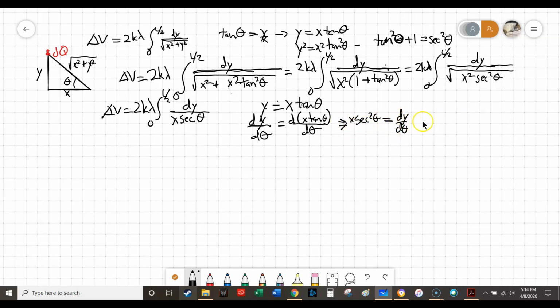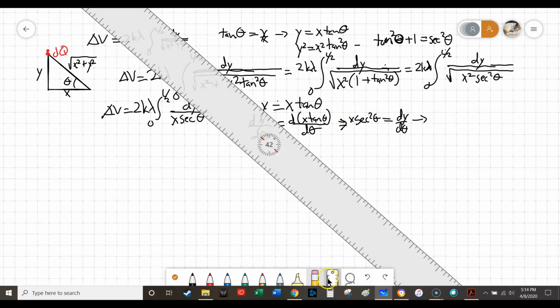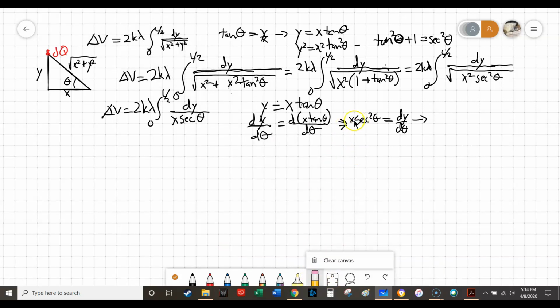So I'm going to multiply both sides by d theta, and I'm going to solve for dy. dy is going to be equal to x secant squared of theta d theta.